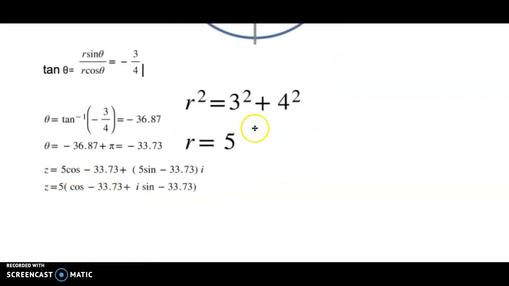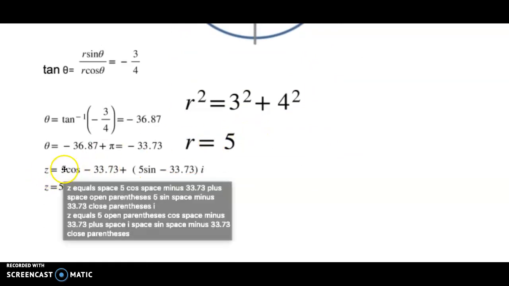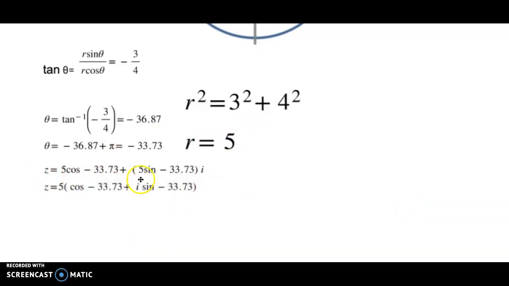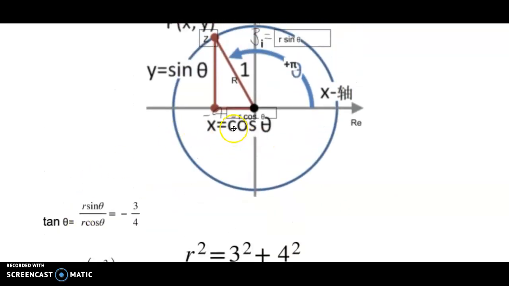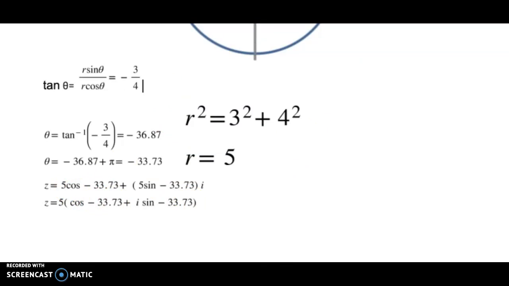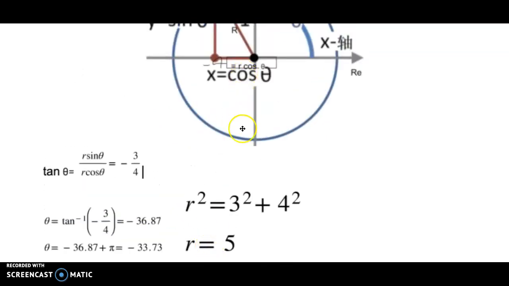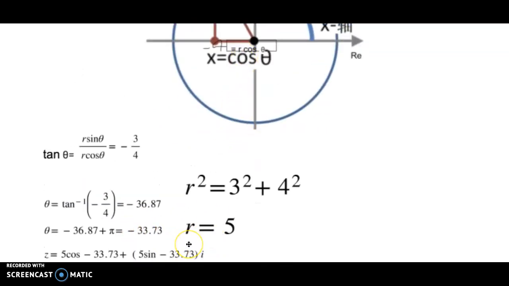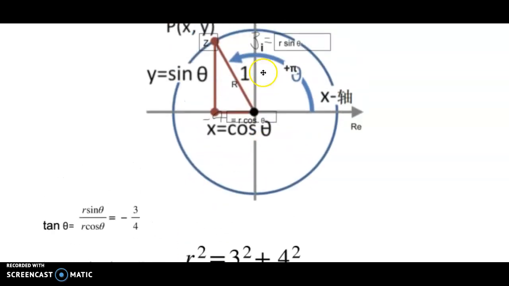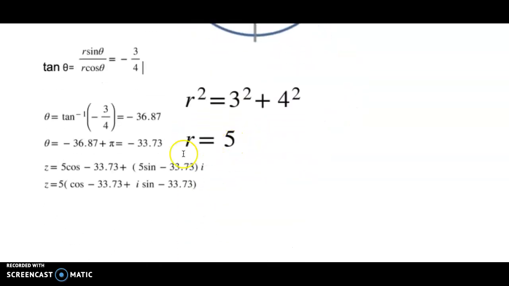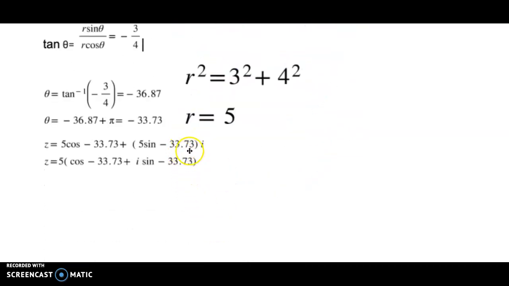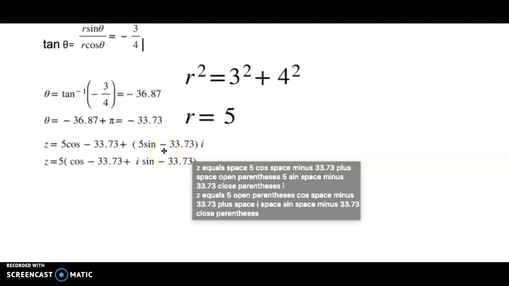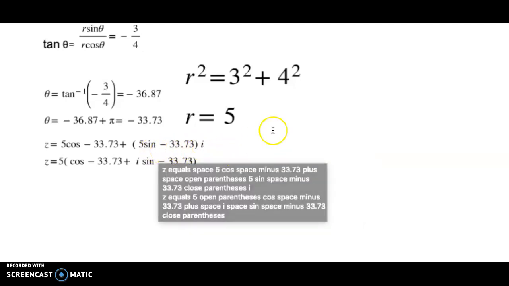So you would put that in the front, and repeat the process of inserting this number into the equation. Going back, you would input 5 in front, and then cosine negative 33.73 plus 5 sine negative 33.73 i. Remember, imaginary, so don't forget the i.